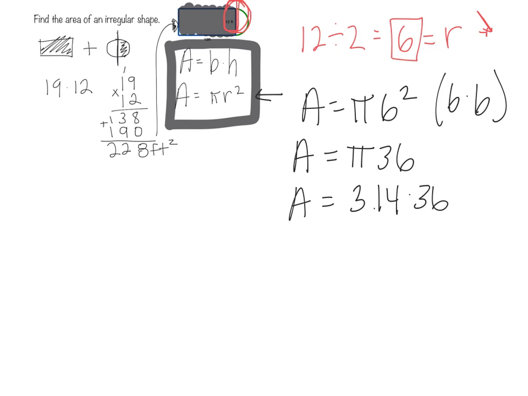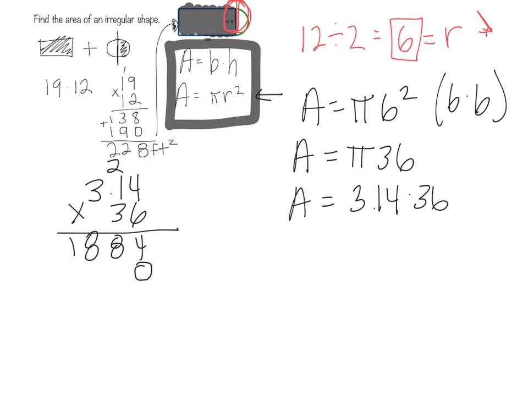And in the space below, I'm going to do my math. Actually, I'm going to do it where I have more space. Over here. 3.14 times 36. 6 times 4, 24. 6 times 1 is 6 plus 2 is 8. 6 times 3 is 18.